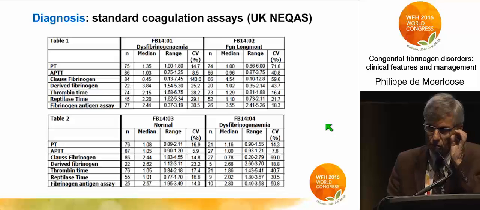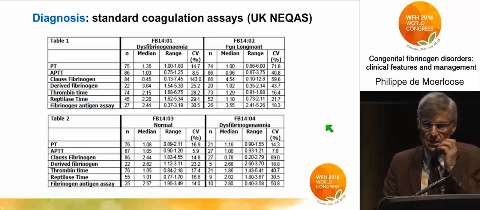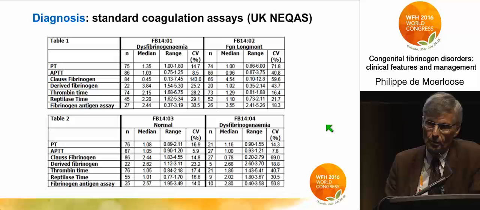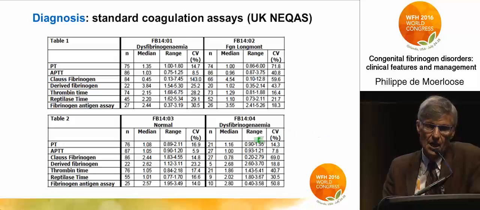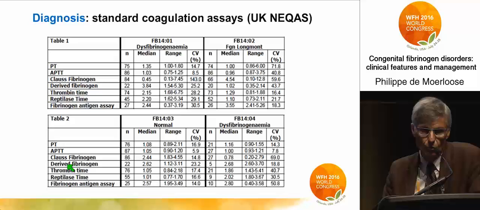I just want to draw your attention to the diagnosis and the way we measure fibrinogen, which is really dependent on the machine and on the reagent that you use. And the numbers are really frightening. That's a NEQAS survey. What you see in this type of plot is the number of the lab. For example, we measured a normal person with a level around 2.4.